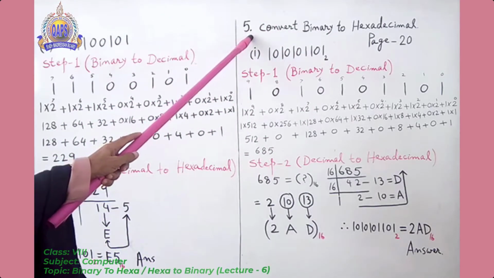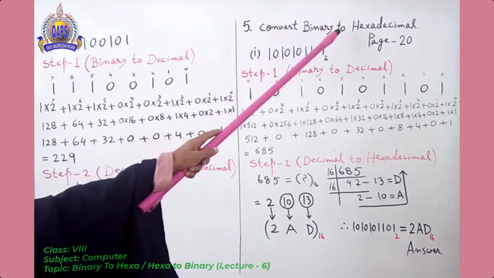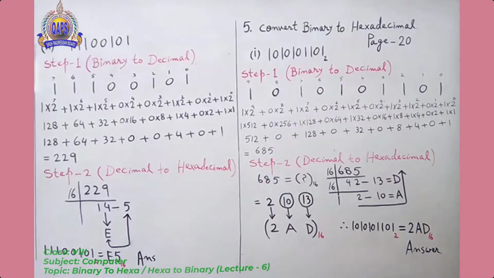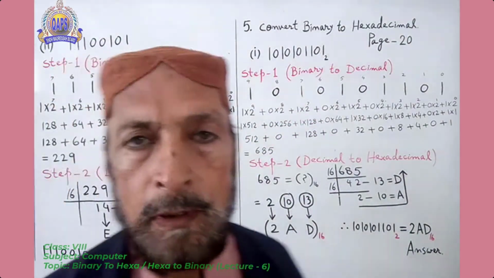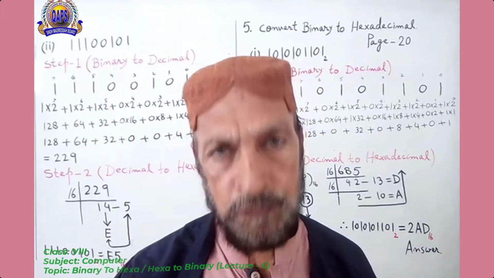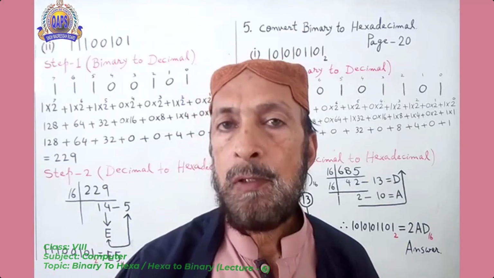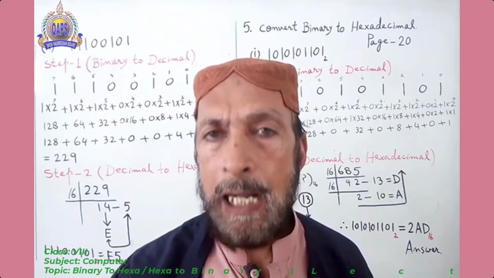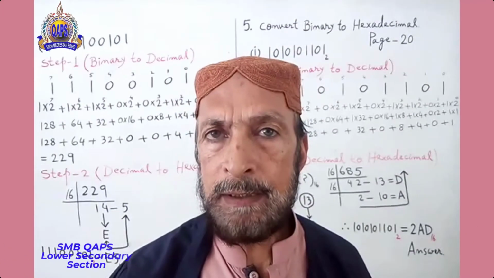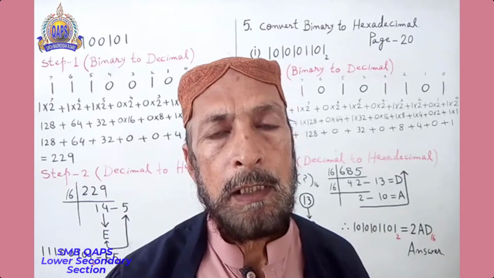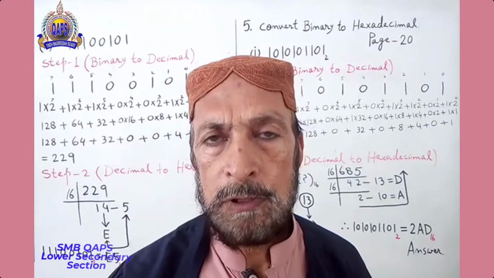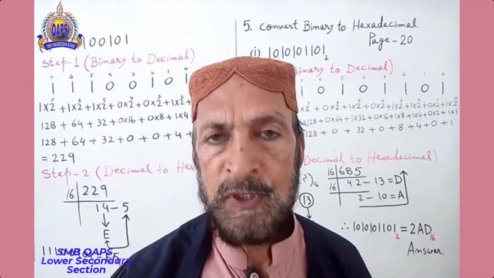Number 5, convert binary to hexadecimal, page number 20. You have already finished this question, but why am I showing it again? The reason is that if you understand this question, then you can do the next question easily.